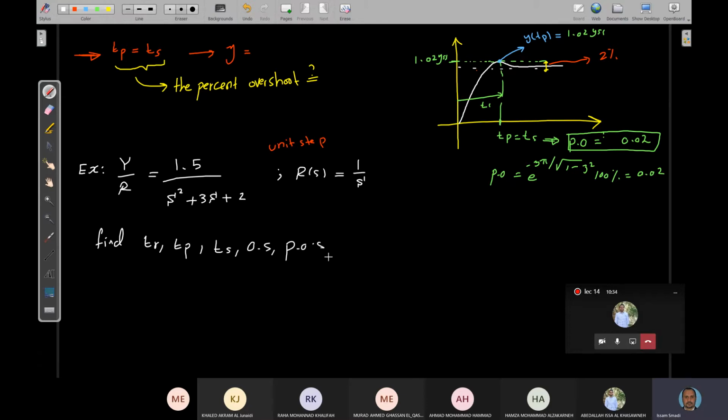Now, is this system critically damped, underdamped, overdamped, or undamped? The first thing, if I need to find zeta, zeta equals what? If I need to find omega n, omega n equals what? And zeta equals what? Simply zeta will decide if the system is underdamped, overdamped, critically damped, or undamped, correct?